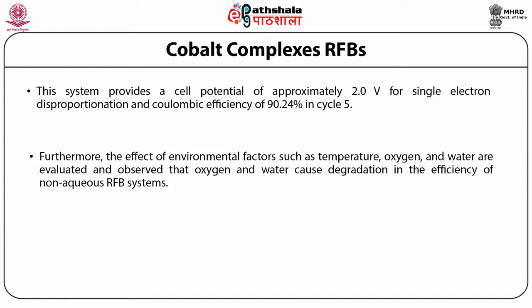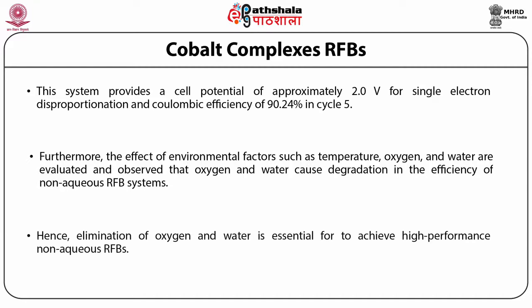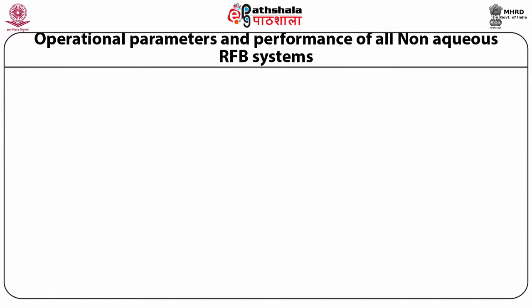Furthermore, the effect of environmental factors such as temperature, oxygen, and water were evaluated, and it was observed that oxygen and water cause degradation in the efficiency of non-aqueous RFB systems. Hence, elimination of oxygen and water is essential in order to achieve high-performance non-aqueous RFBs.